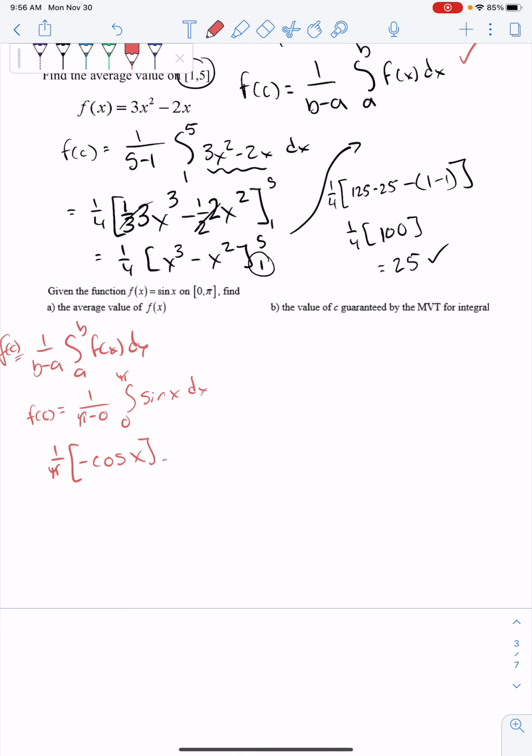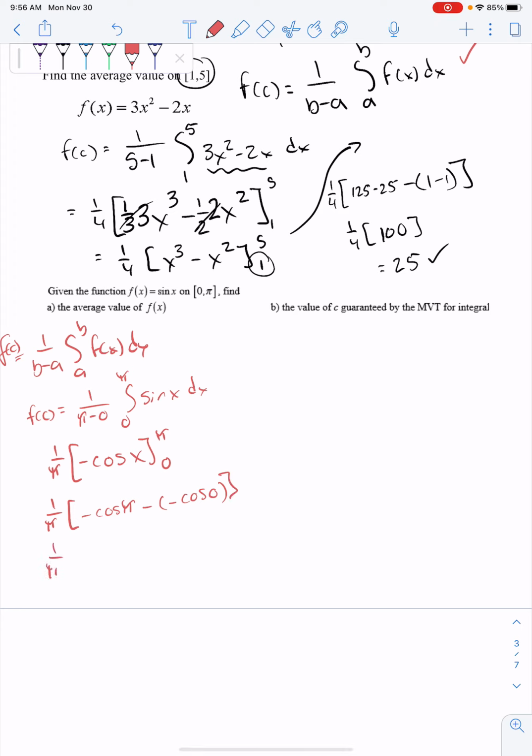I'm going to evaluate that from 0 to pi. So I've still got 1 over pi multiplied by negative cosine of pi minus negative cosine of 0. See, there's a lot of signs to keep track of here.